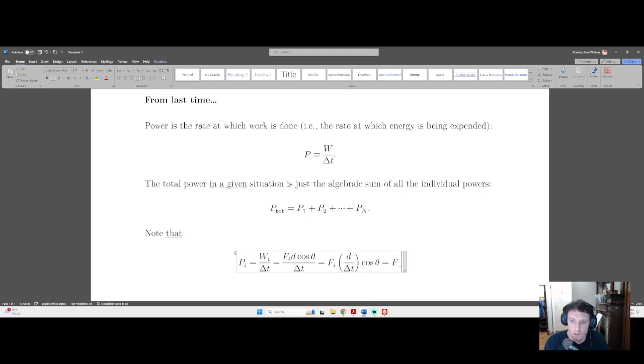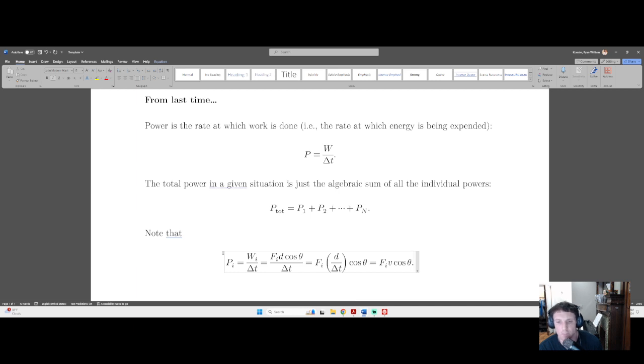So we could say that the power in this situation is just the force times speed times cosine theta. Now you should understand that this only works for a constant force and a constant speed. So just be mindful of that fact, because that was baked into this quick derivation that I did here.